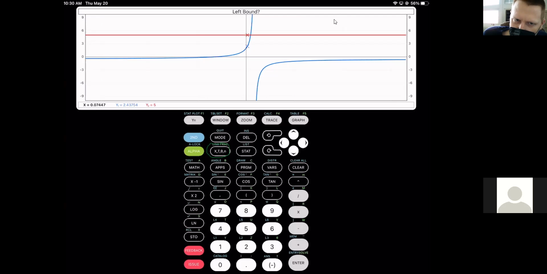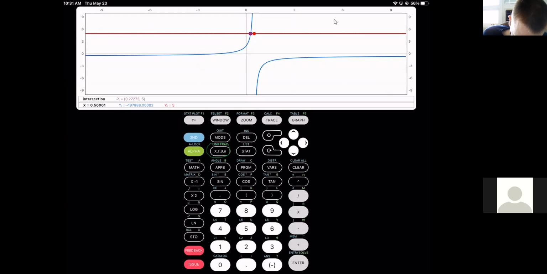And for right bound, you want to make sure you're to the right of where it intersects. For example, here it looks too close to me, so I'm going to press the arrow one more time, so it's clearly past it to the right.